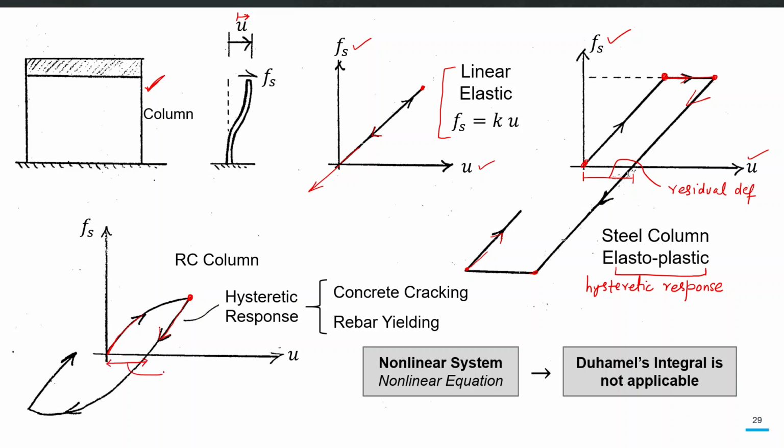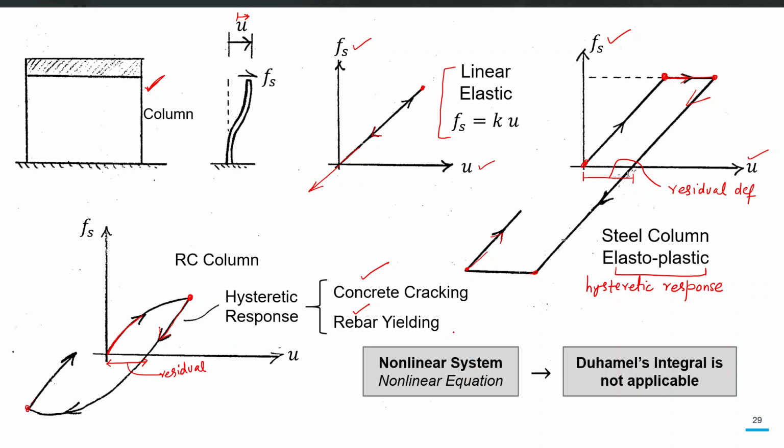So this is residual, and then again it will follow this curved path and will unload and will not come back to origin. So this is the hysteretic response, which is quite complex compared to the steel column, and it is governed by concrete cracking and rebar yielding. The line is curved right from start, which means that the concrete starts cracking at a very early stage.